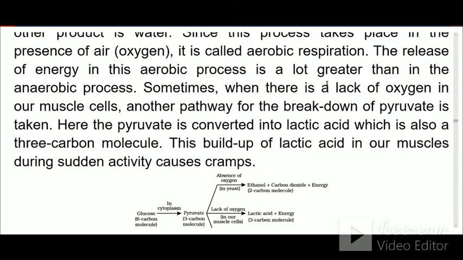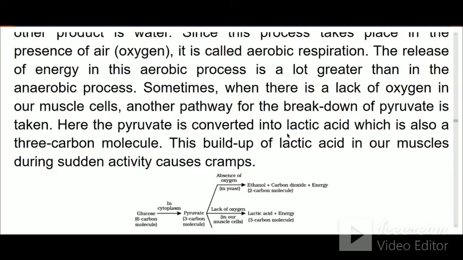So if you compare the energy of aerobic respiration with that of anaerobic respiration, the energy obtained in aerobic respiration is of greater extent. Sometimes there is a lack of oxygen, meaning oxygen is not absent, but is present in low proportion. In our muscle cells, another pathway of breakdown of pyruvate is taken.